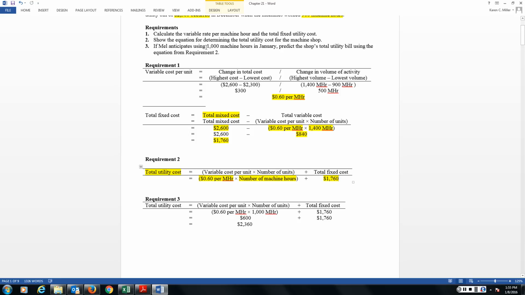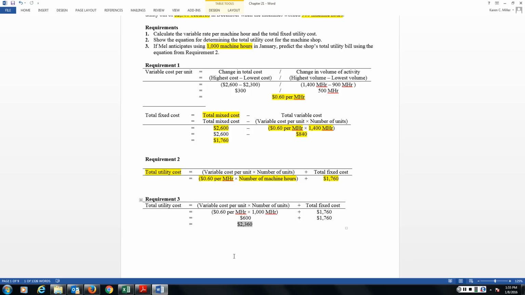Requirement 3 says, can you predict what utility cost will be if we run 1,000 machine hours in January? Yes, we sure can. 60 cents per machine hour times the 1,000 hours that we think we're going to run tells me that my variable cost will be $600. I will add to that the fixed cost per month, and that gives me estimated utilities for the month of January of $2,360.